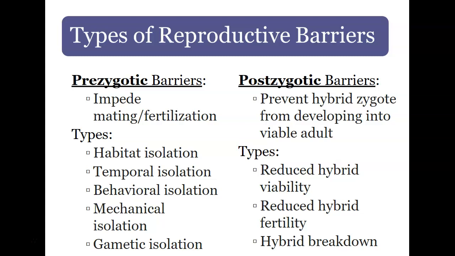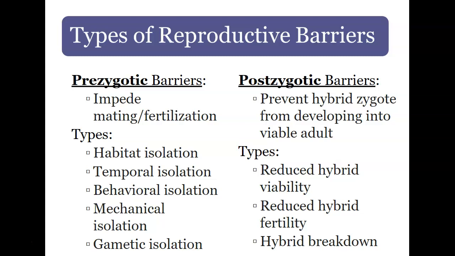Behaviorally, they might never interact, so they might have different mating songs or dances or something. Mechanical isolation, we will get into, has to do more with sexual reproduction and the mechanics of it just not going to work. And then gametic isolation, meaning that the egg and sperm are just not compatible.